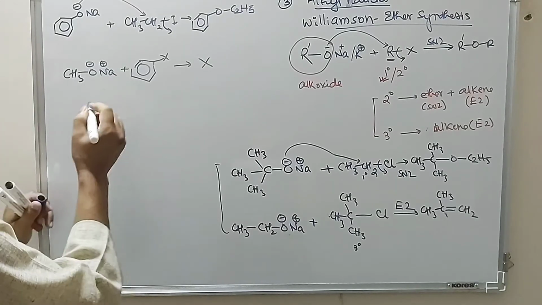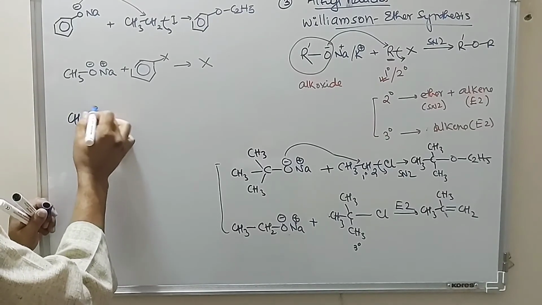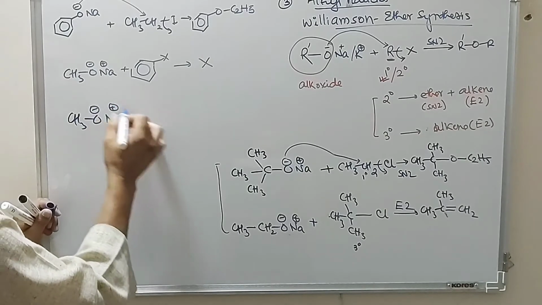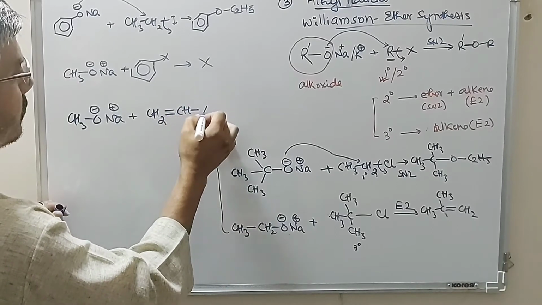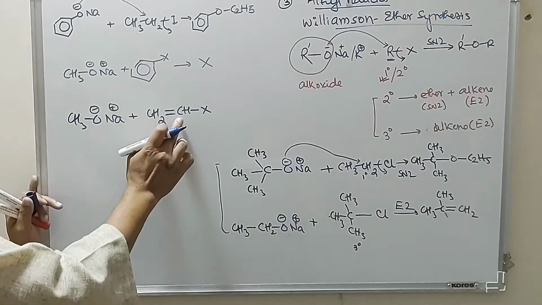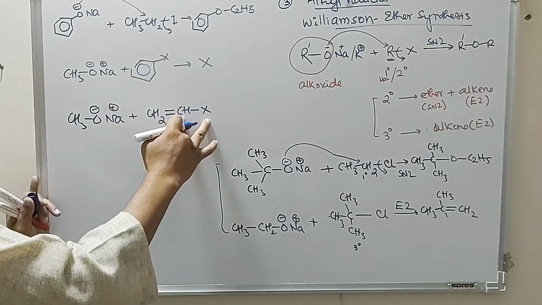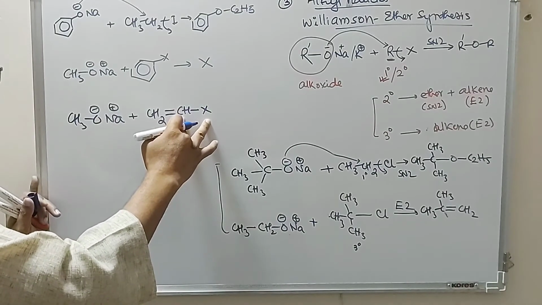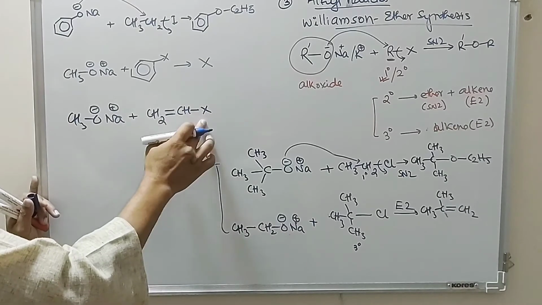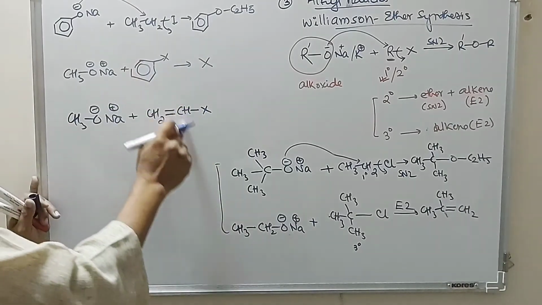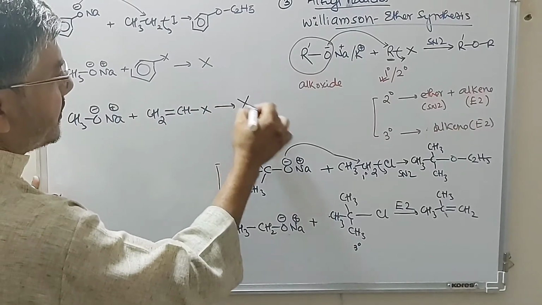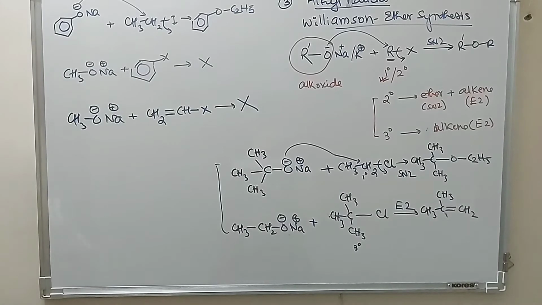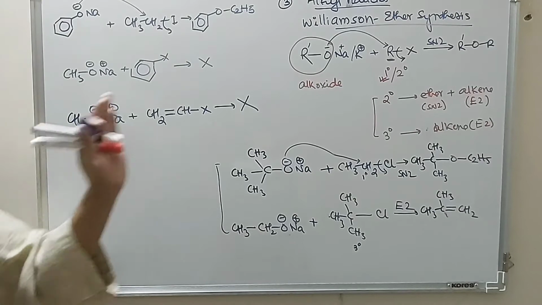Similarly, if we take this alkoxide ion and vinyl halides, again the same, carbon is sp2, so the sp2 carbon-halogen bond is stronger. Similarly, we can also have resonance the same as that of halobenzene. So again no reaction takes place. The requirement is that we should have an alkyl halide, not aryl halide, not vinyl halide.